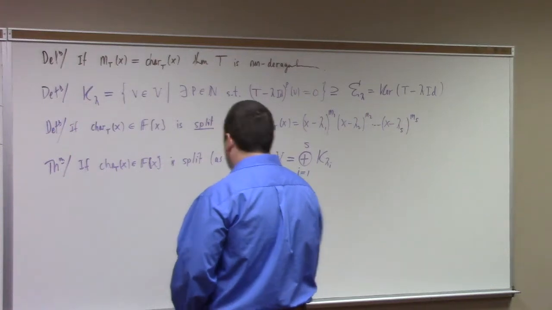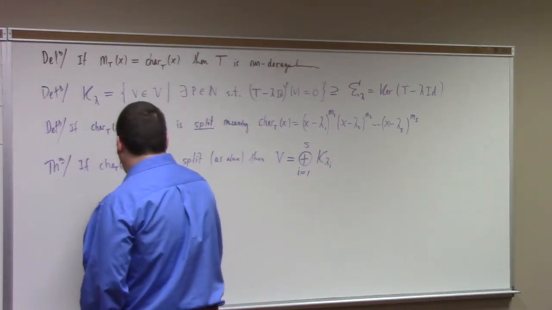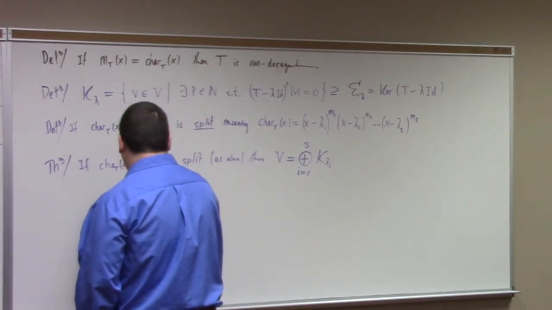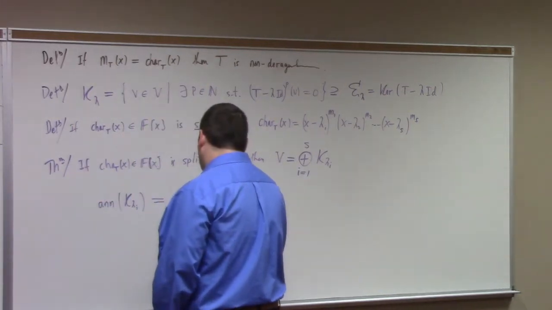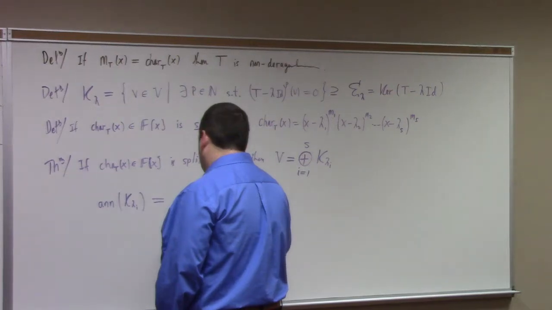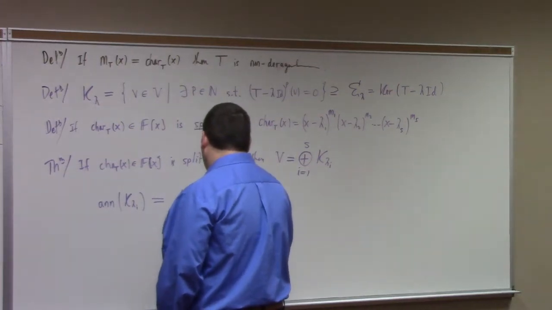what's the annihilator of K lambda I? It's something like x minus lambda I to some power p.